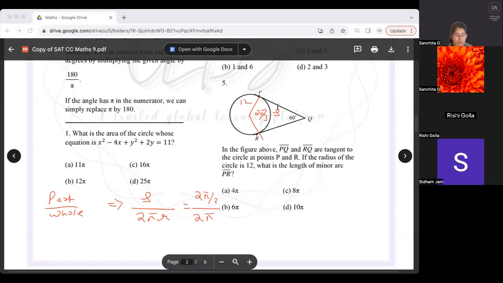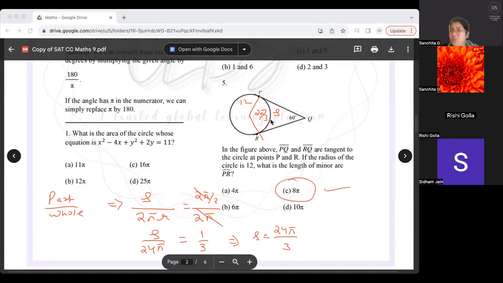That's your 360 degrees. 360 is 2 pi angle-wise. So here the 2 pi gets cancelled. So I have S, I'll plug in r. I'll have 24 pi, and that is equal to 1 over 3. So S is going to be 24 pi by 3. I'll still get 8 pi. Both ways you get the right answer.